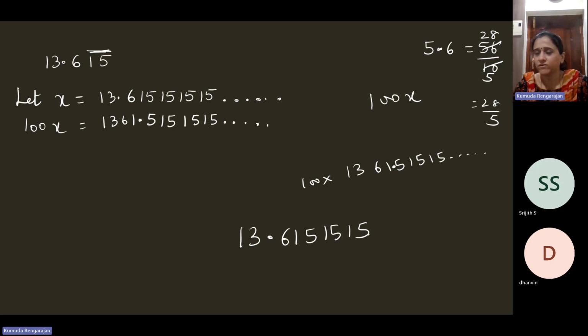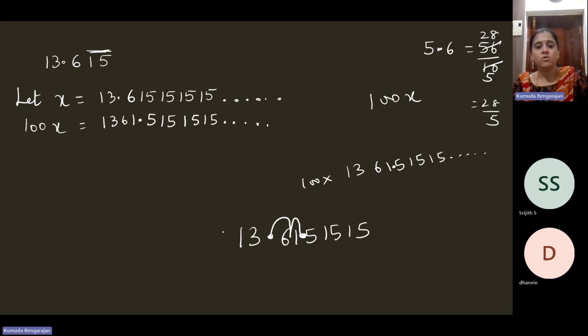When you multiply by 100, the decimal point will come here. So it is 1361.5151515 going on forever. What if we use 10x? You will not get it. Only if 1 digit repeats can you multiply by 10.